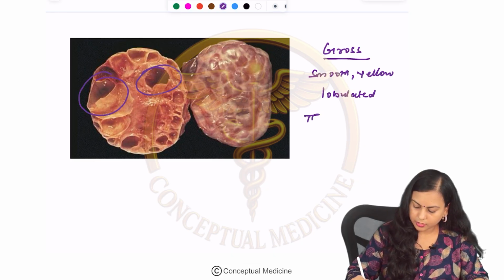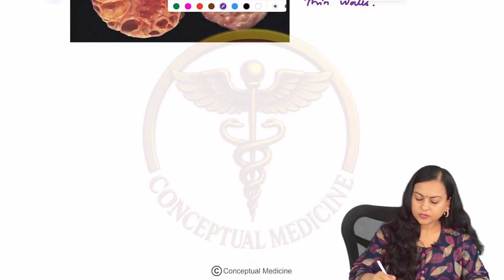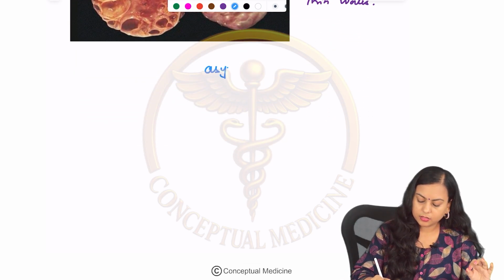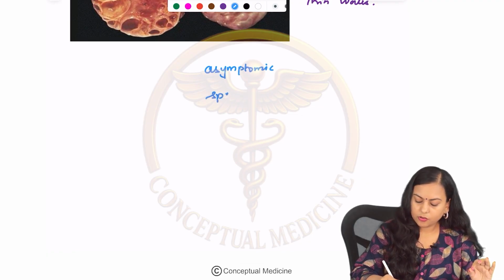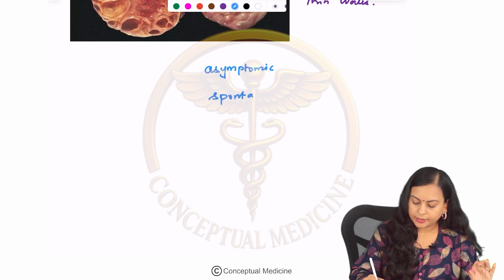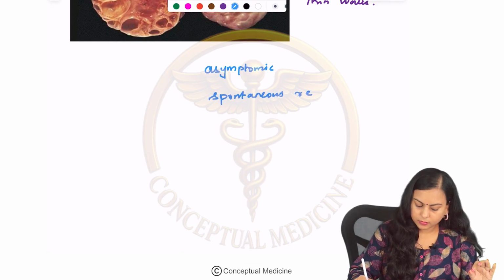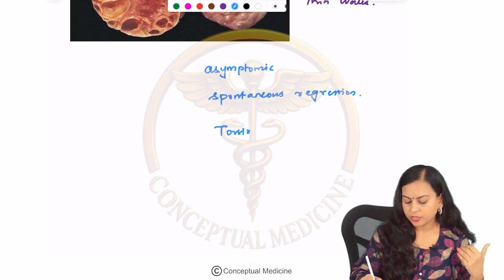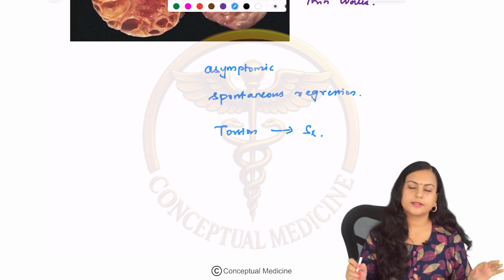Okay, they are with thin walls. Okay, and these patients are usually asymptomatic, and they go for spontaneous regression as well. Okay, very rarely they can go in for a torsion, so that may necessitate surgery.